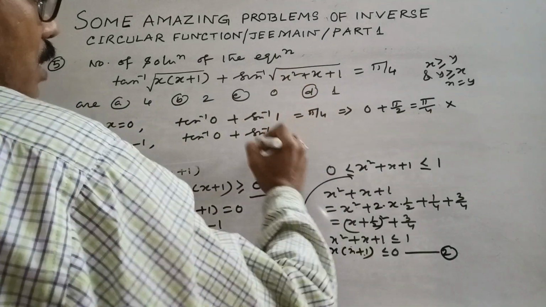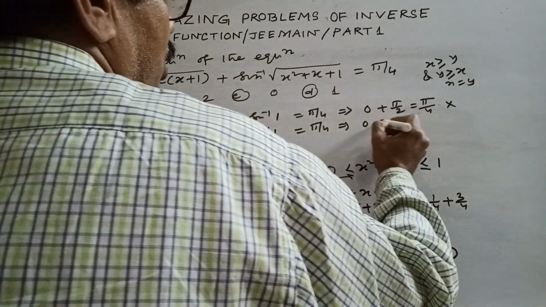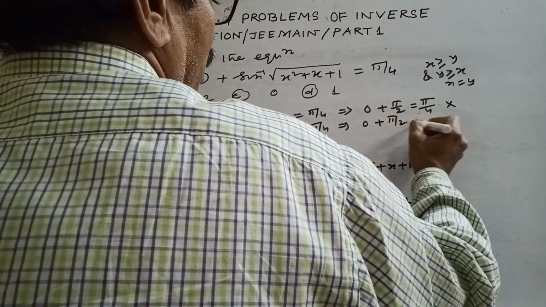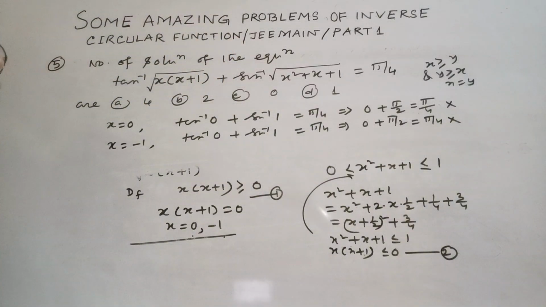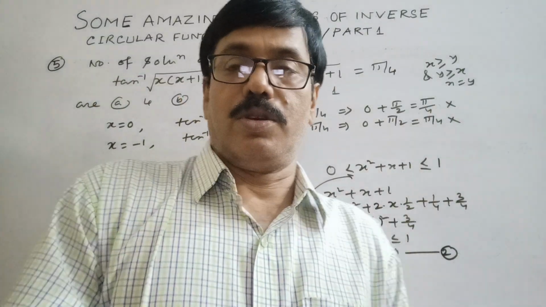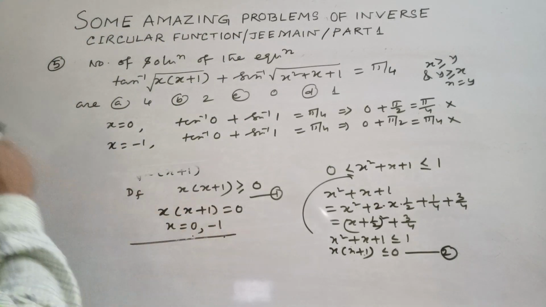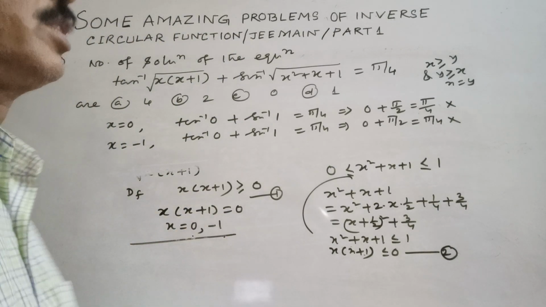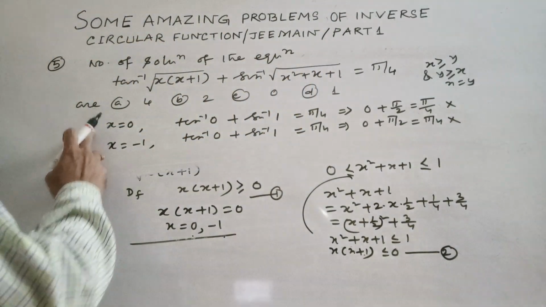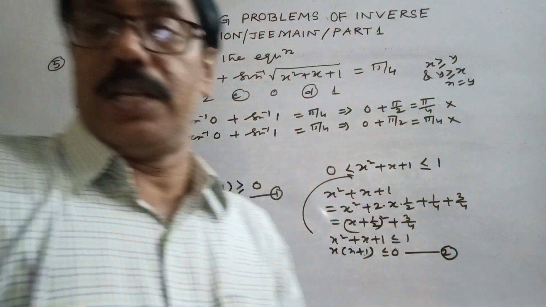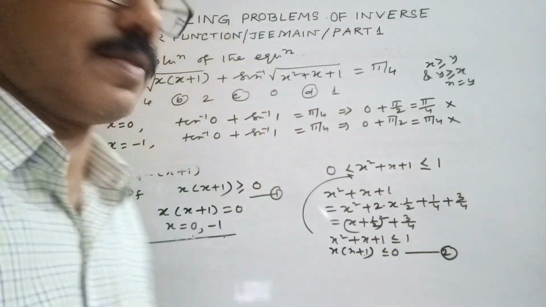So again it is the same, 0 plus pi by 2 is pi by 2, not equal to pi by 4, so not satisfied. So we are getting two values of x, but these values do not satisfy the given equation.